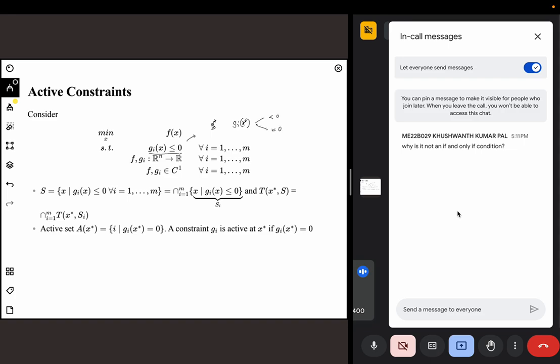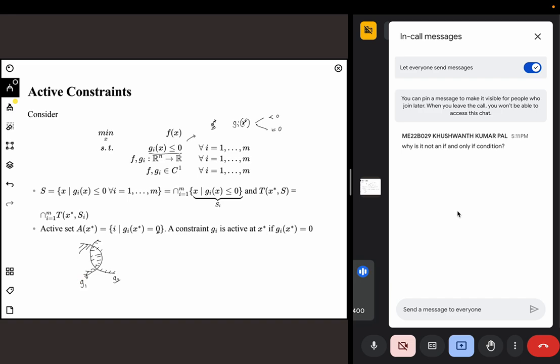Out of these two scenarios, if it is exactly equal to 0, then that means you are on the boundary of the constraint. Each of the g_i of x I can draw in some plane; if it is R2, I can draw it something like this. So this is say g1, this is say g2. Whatever is on this side is g1, and whatever is on this side is g2.